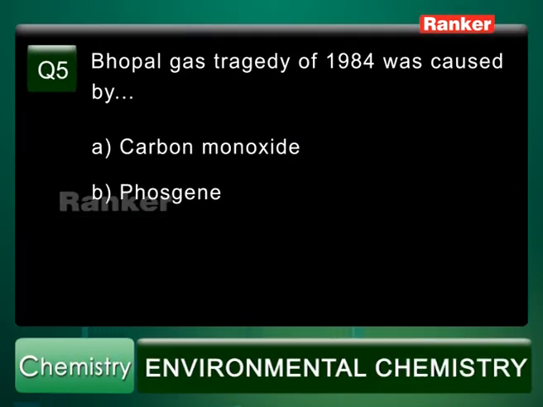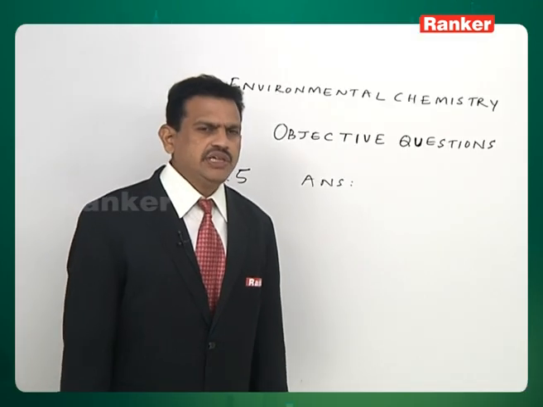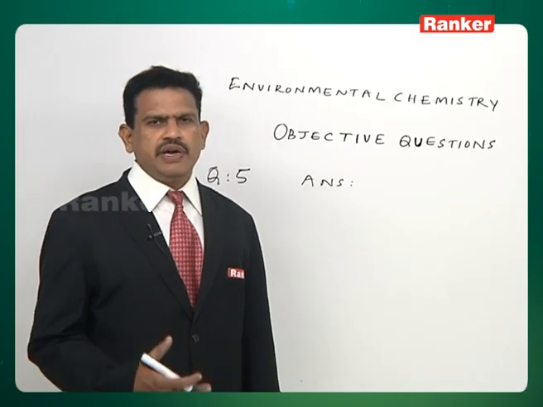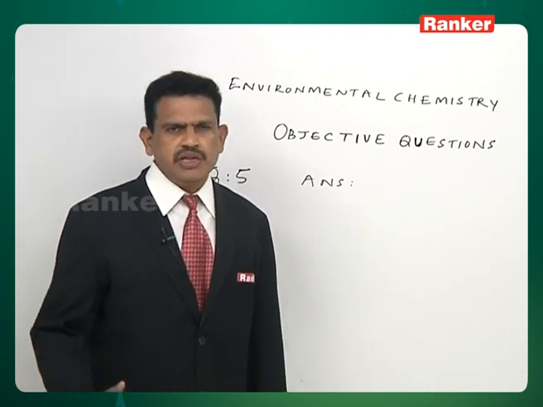Question number 5. The Bhopal gas tragedy in the year 1984 was caused by option A carbon monoxide, option B phosgene, option C methyl cyanate, option D methyl isocyanate. The Bhopal gas tragedy was from the Union Carbide factory, an American factory, a pesticide making factory.